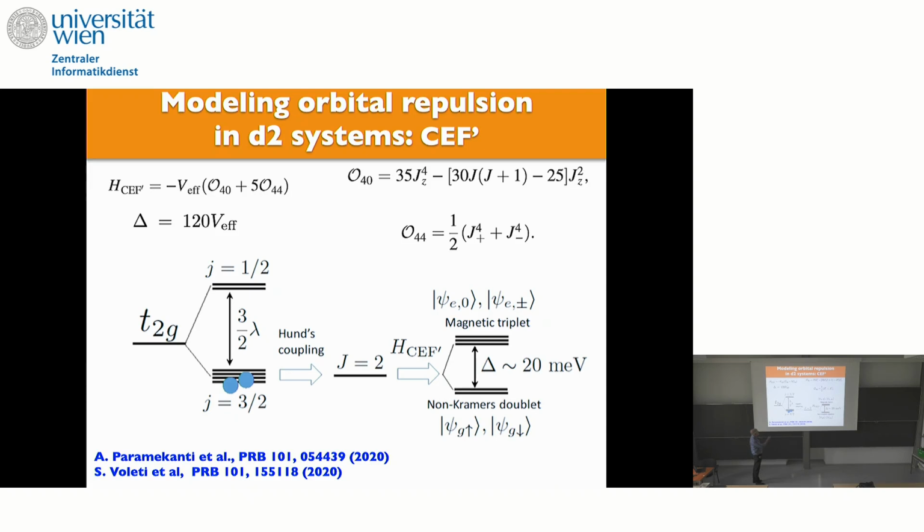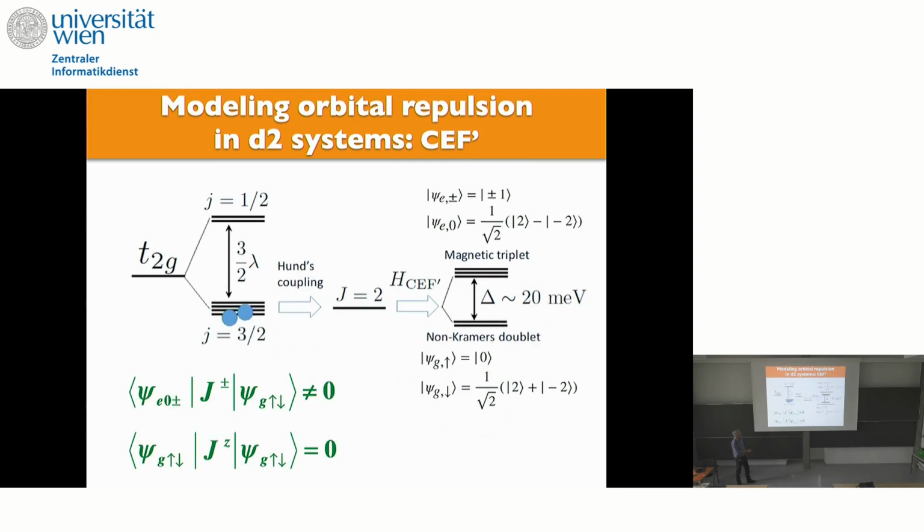And if this is the relevant perturbation, then they could basically solve the eigenvalue problem, and determine the wave function in the non-Kramers doublet state. You can tune the gap between the non-Kramers doublet and the magnetic triplet.